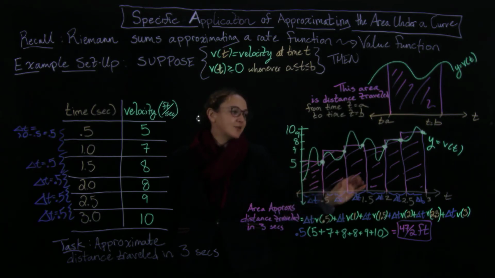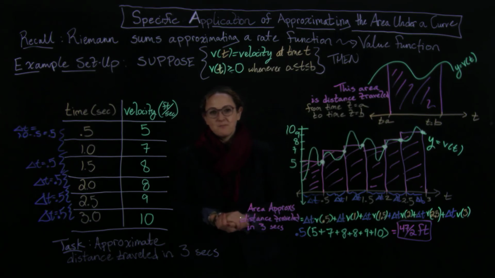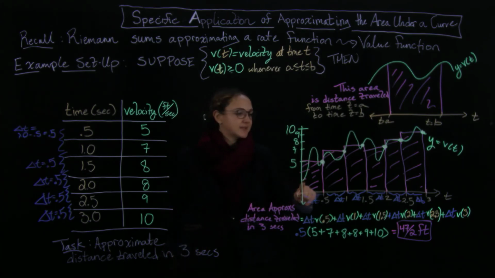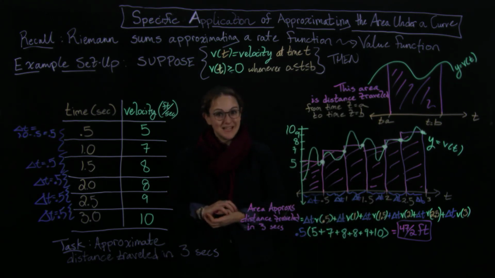And we do that for each of the time intervals. We add those up and we get an approximation for the distance traveled. And the 3 was from this interval from 0 to 3. Okay, so I hope that made some sense, and I will see you in the next lecture.